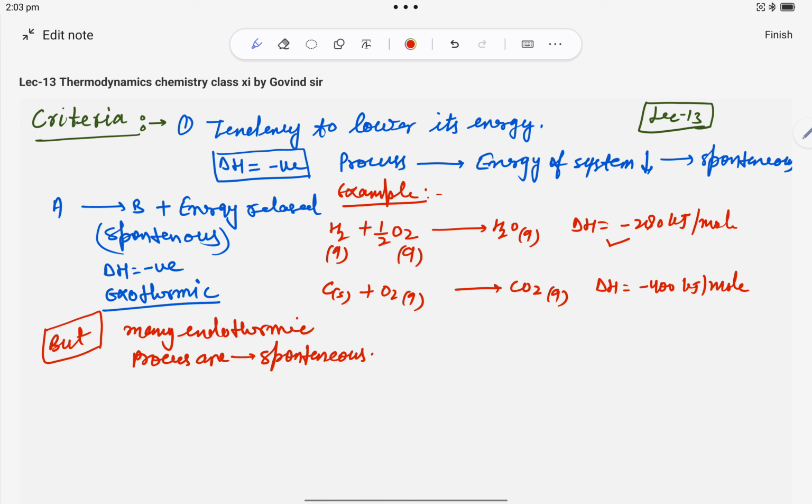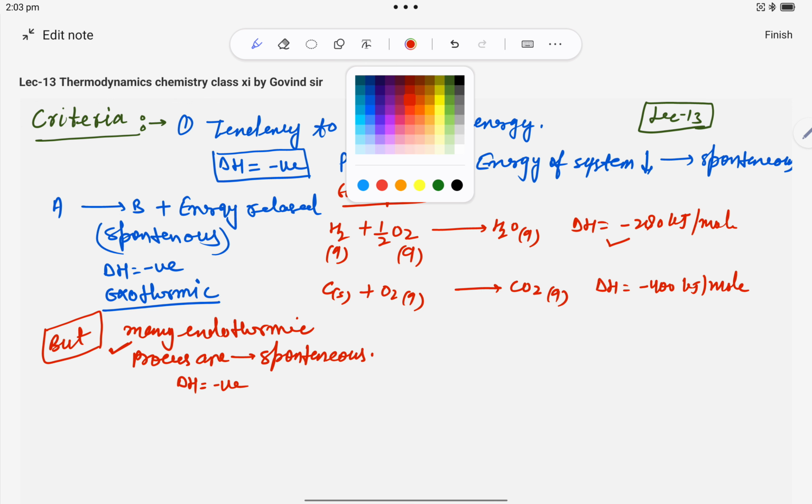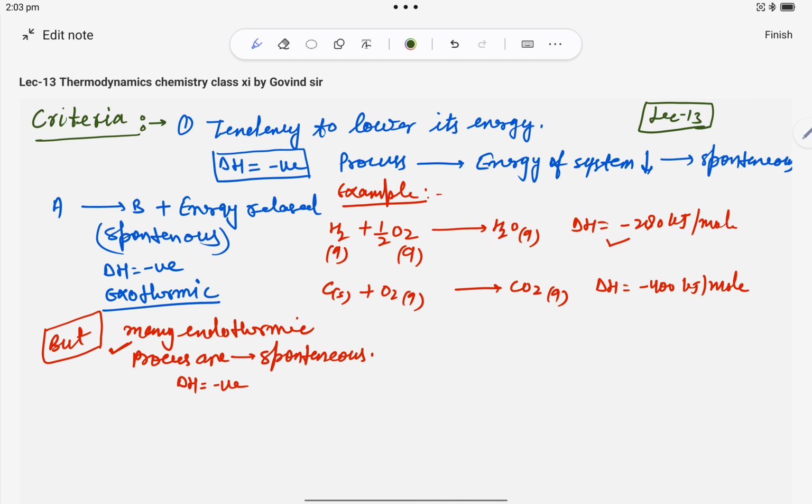You can say that right now, sir, you said that if delta H is negative, then the process is spontaneous. Then what about this? If energy is absorbed, then also the process is spontaneous. Delta H value is positive, then also the process is spontaneous. So first I will give you examples, then I will give you the reason.